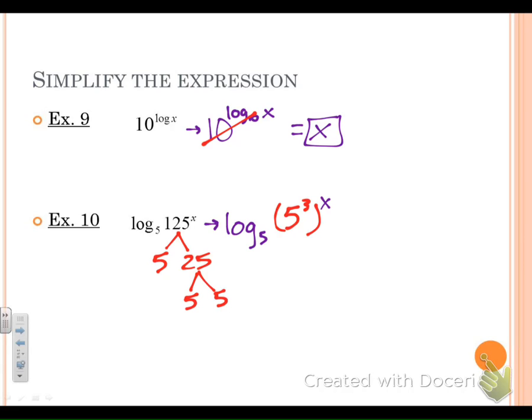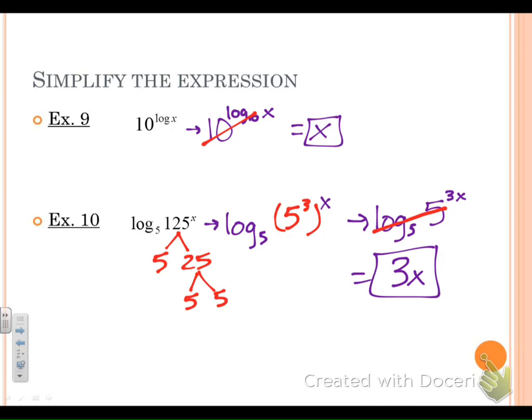Let's do a little exponent property. When you have 5 cubed raised to the x power, that turns into 5 to the 3x power. Now I see log base 5 of 5 undo each other, and I'm left with 3x. Please pause so they can get this down.